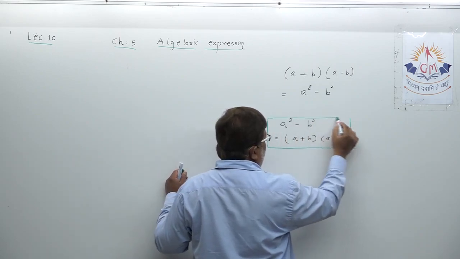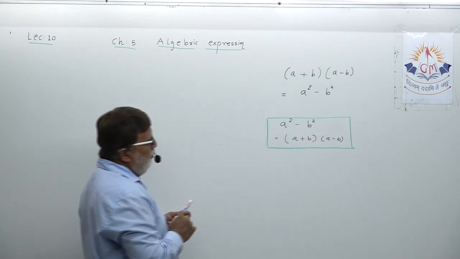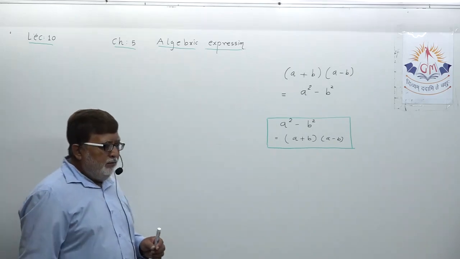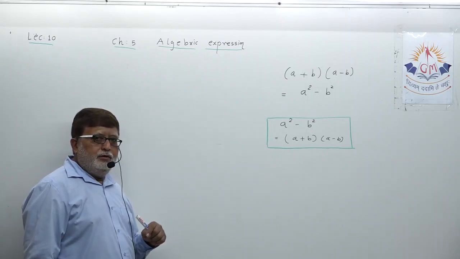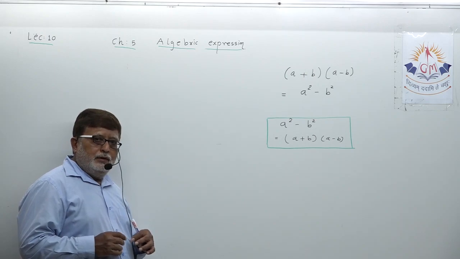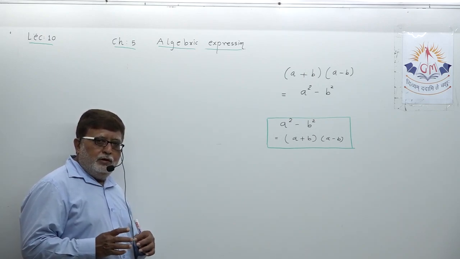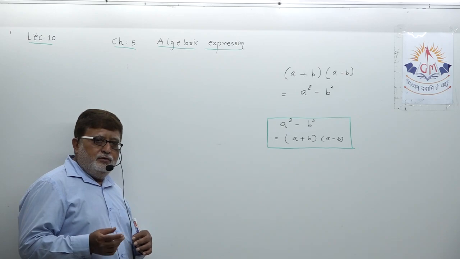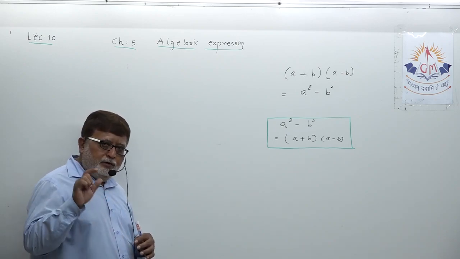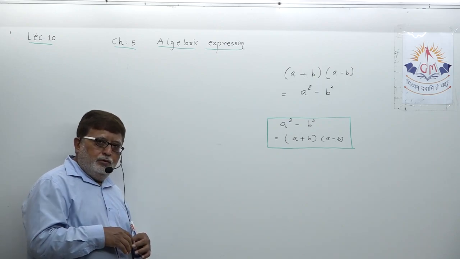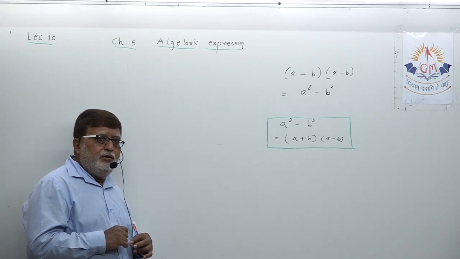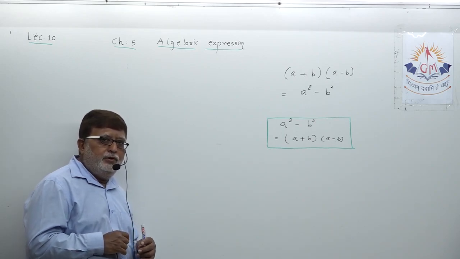Whenever you come across any example for factorization, now you have to concentrate on this identity. How, dear students? In the exam, you will find that there is no specific identity mentioned. It is up to you to decide which identity is applicable for this particular polynomial.